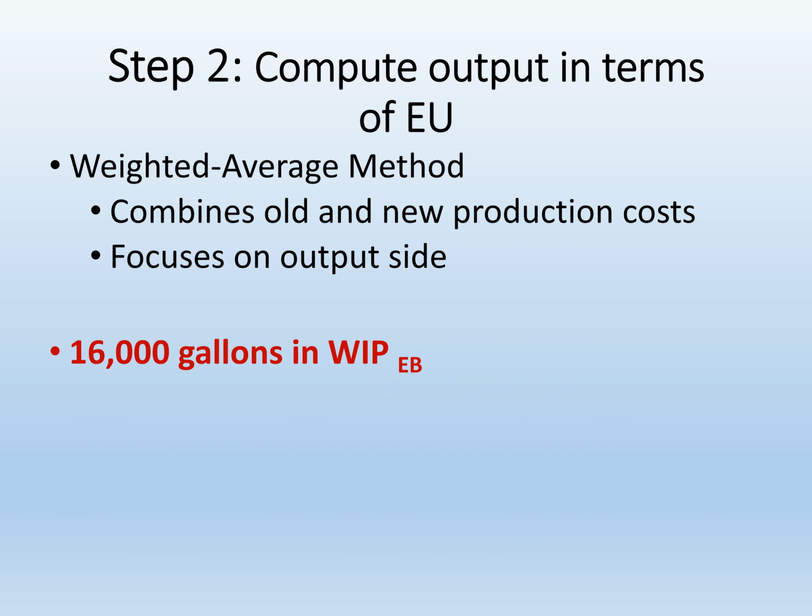But what about the 16,000 gallons that were in the work in process ending balance of the mixing department at the end of September? Those units were still 100% complete for direct materials, because in our model, direct materials are always added right at the beginning of the production process.